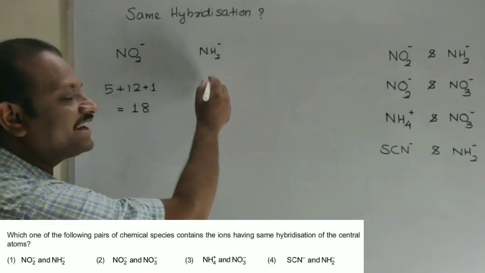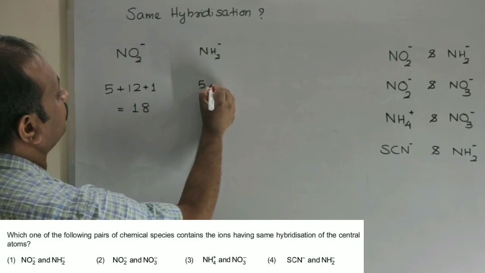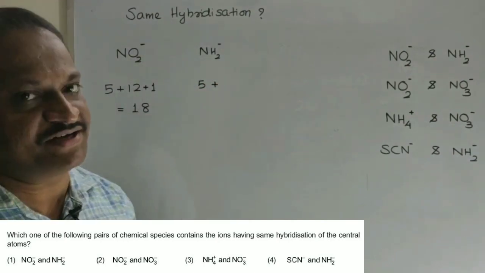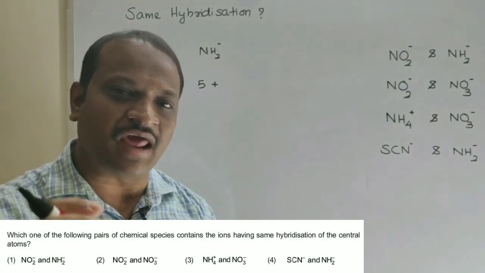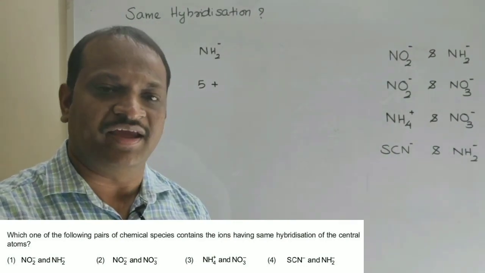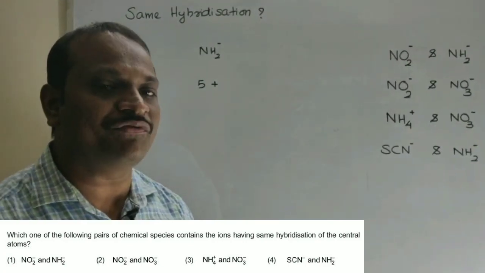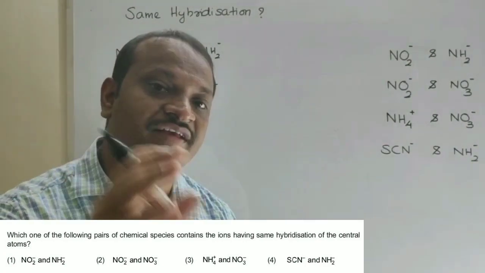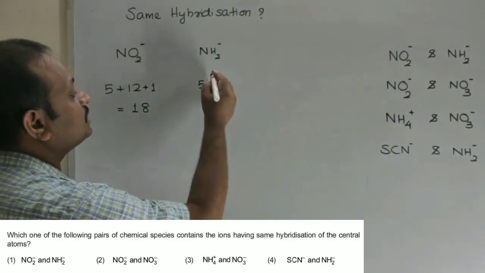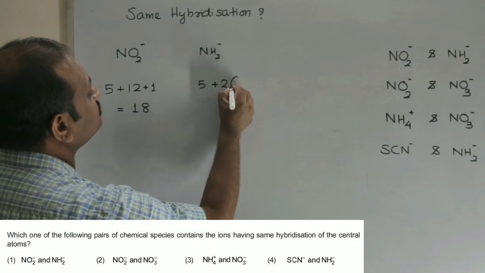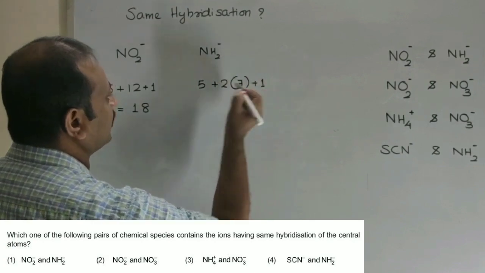And what about NH2 minus? Nitrogen 5 plus. I have told you in case of hydrogen, you have to consider 7. Even if you consider the valence electron of hydrogen as 1, in the determination of hybridization, it's not a problem. But still I am going with the valence electron of hydrogen as 7 only. So with 2 hydrogens, we have 2 into 7 plus 1 minus charge, so we need to add 1 electron.